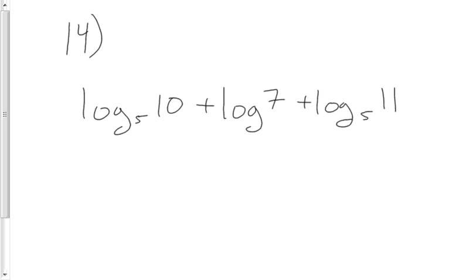One has a 10, one has a 7, one has an 11. And then each individual one's exponent would come in front. So there would be a 2 in front of this log and a 4 in front of the final log. The 10 doesn't get anything in front because it's just 10 to the first power.